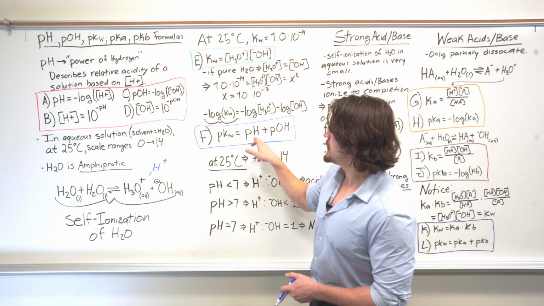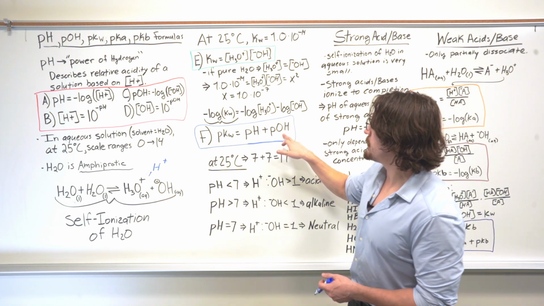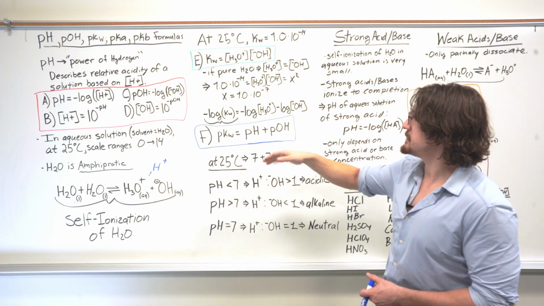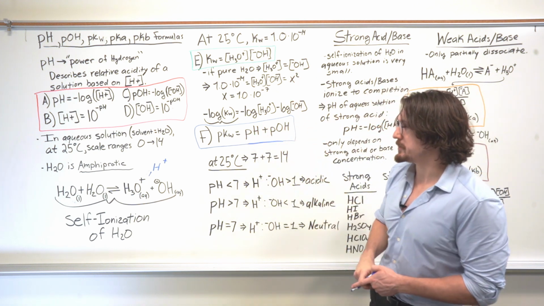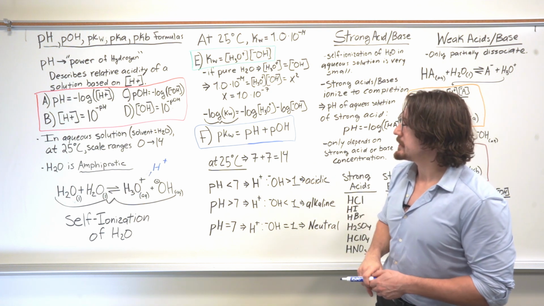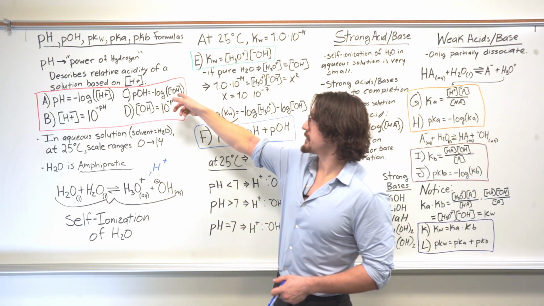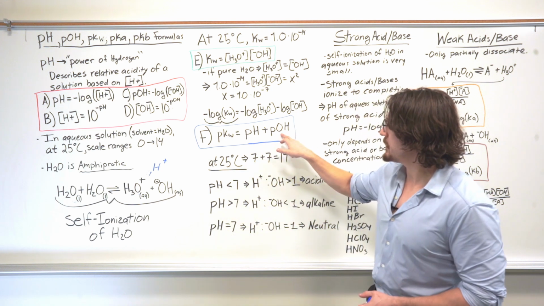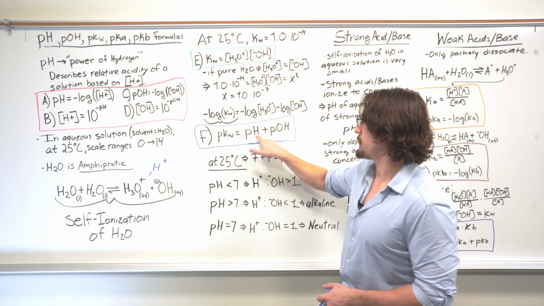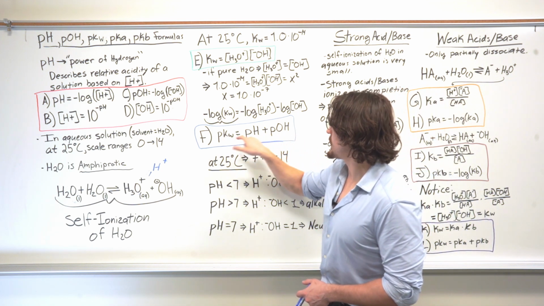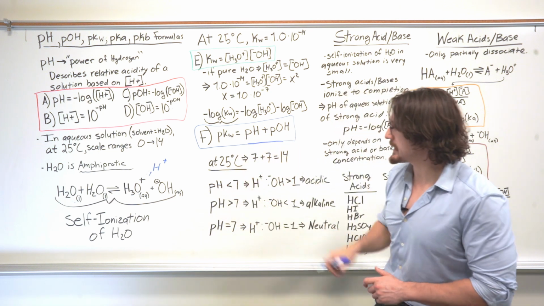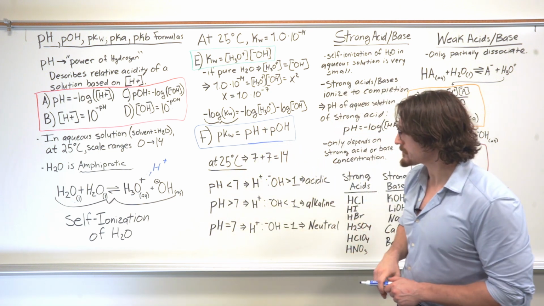So then you can simply calculate the pOH from that, because you're going to do 14 minus the pH and you're going to get the pOH, and vice versa. If you can figure out the hydronium ion concentration, you can figure out the pOH, and then you can calculate the pH by subtracting that pOH from pKw. So that's some of the utility of this equation.